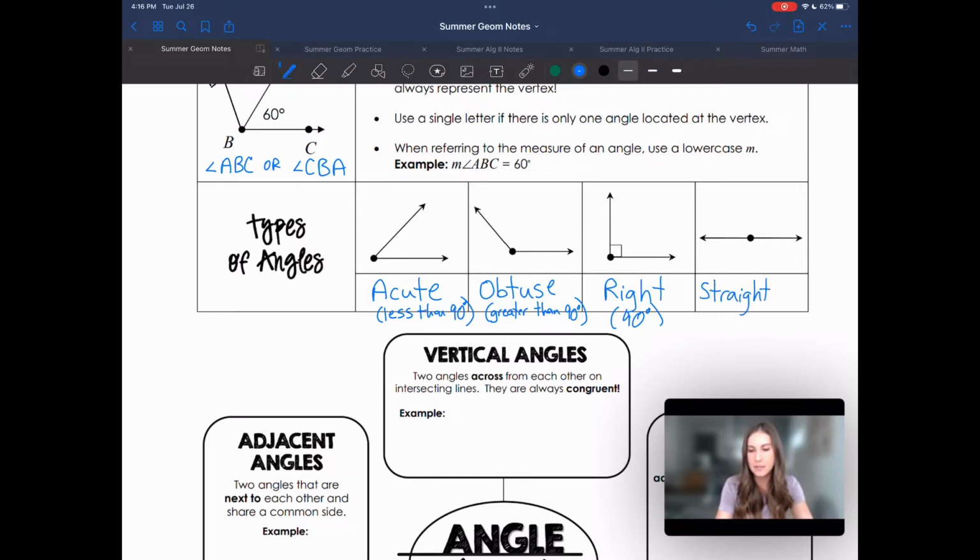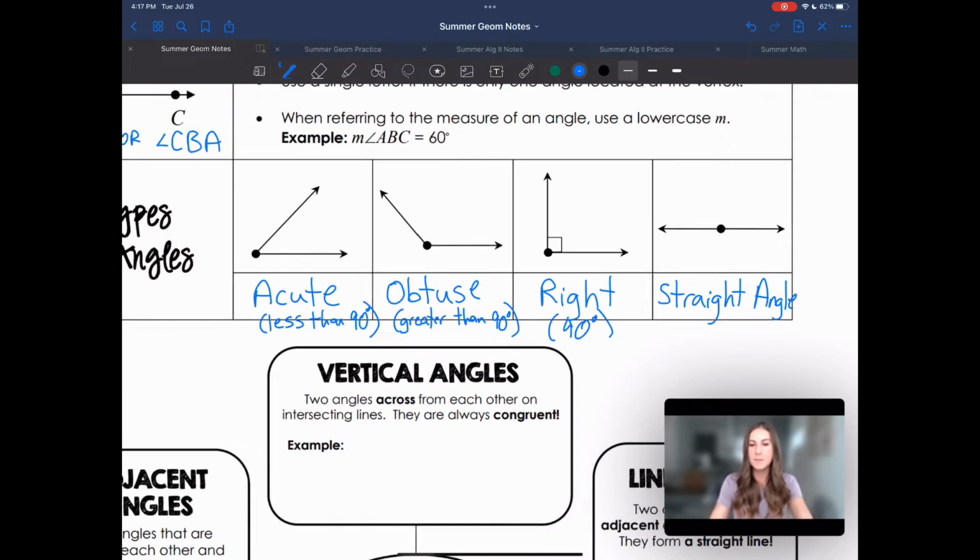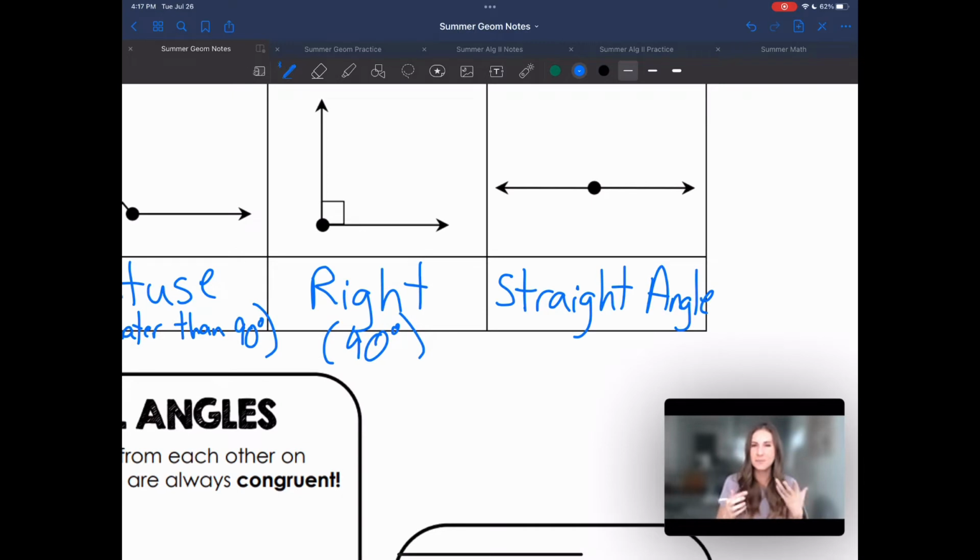A straight angle might seem really obvious, but it's actually super important to this lesson that you know what that angle measure is. If you just have a straight line, the measure of the angle, from here to here, for instance, or from here to here, either way, any straight line measures 180 degrees. But that concept of a straight line is going to come into play quite a bit.